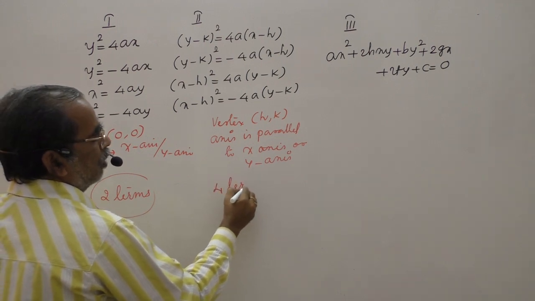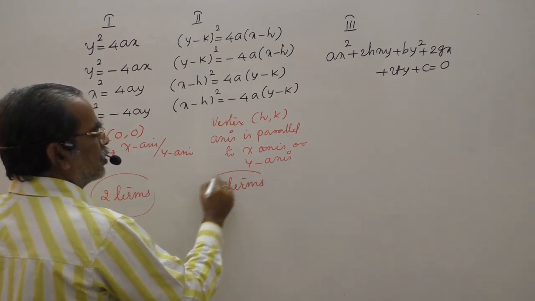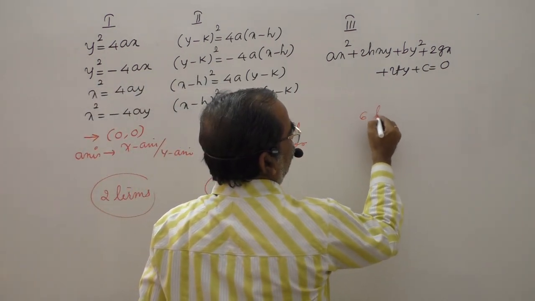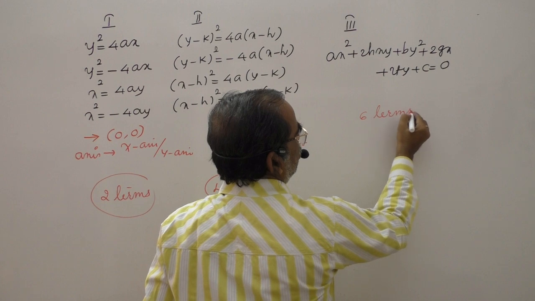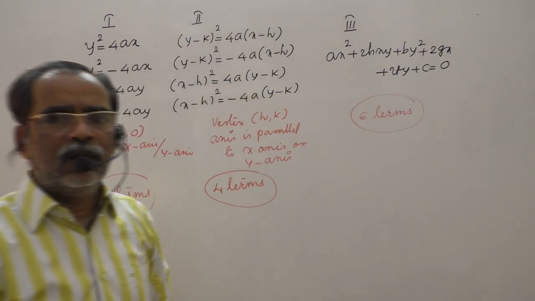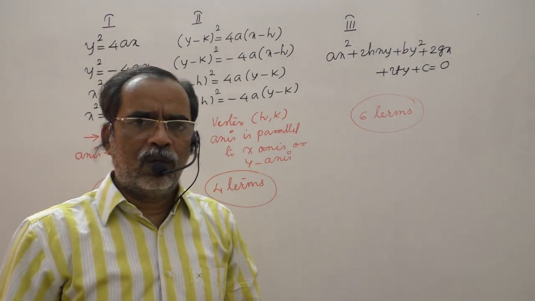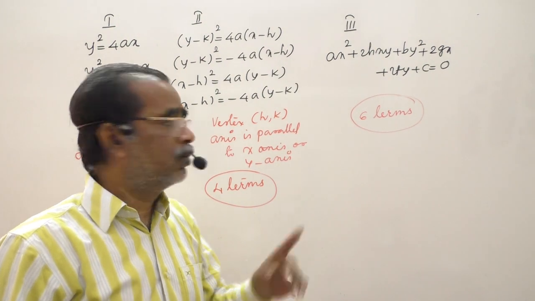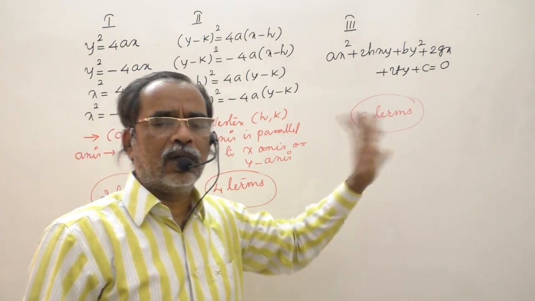So the parabola will contain 4 terms. If it is in the third set, the parabola will contain 6 terms. By watching the equations also you can say, if only 2 terms are there, the parabola is in the first set; 4 terms, second set; 6 terms, third set.